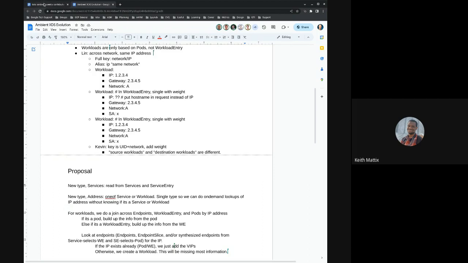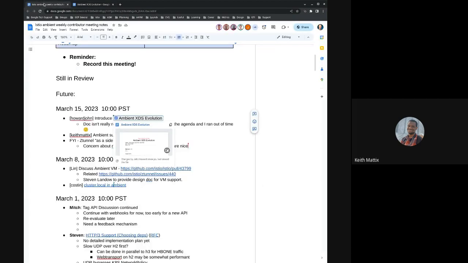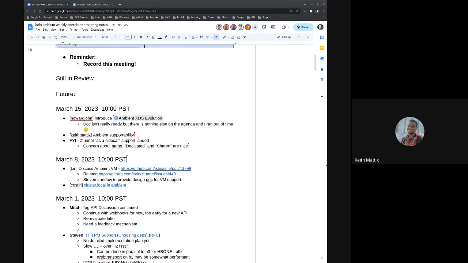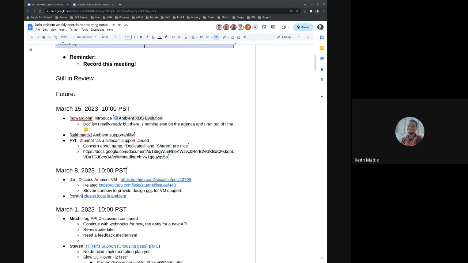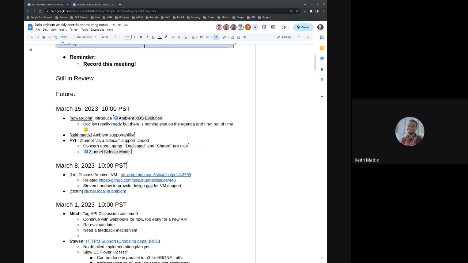I'll just toss it out there for folks to be thinking about. I've started writing a doc on safe mode in Istio, and Kostin brought up a great point that there will likely be things within Ambient that have different supportability levels compared to the main set of features, as far as node levels, Z-tunnel and things like that.